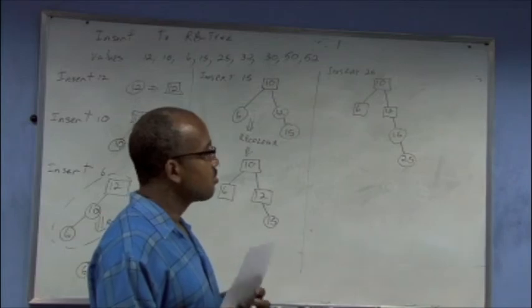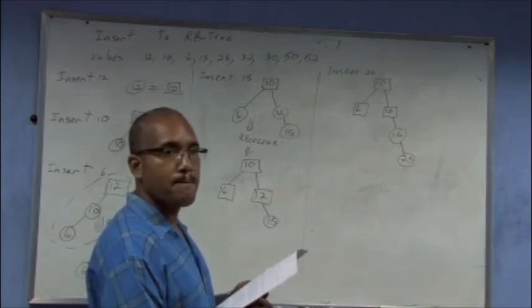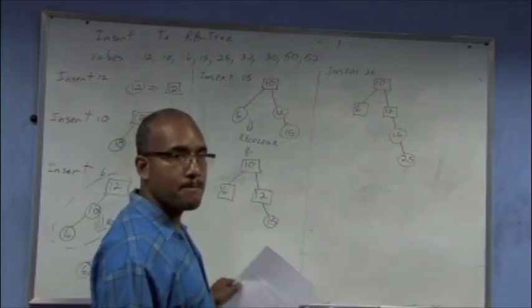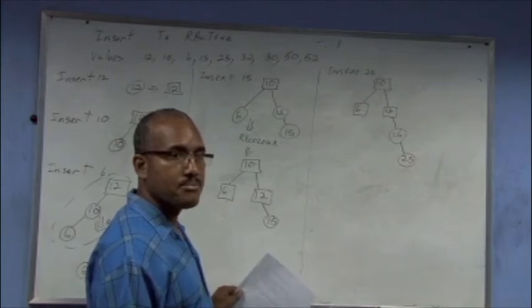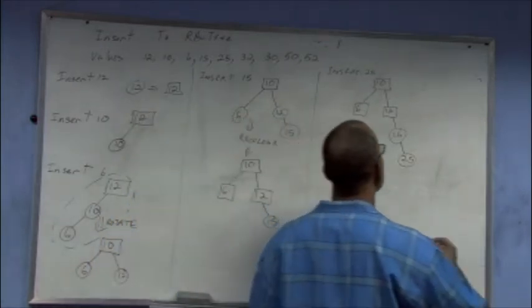Two reds, you can't have two reds, so we're going to have to rotate it, because we have a 3-node critical cluster.